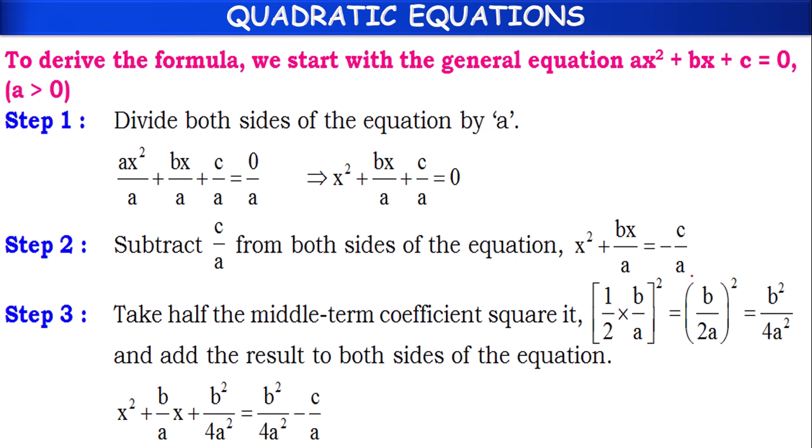So half into b by a, half of the middle term, whole square, which means 1 into b over 2 into a, that is b by 2a whole square, or b square by 2a whole square, which means 2 square is 4, so b square by 4a square.